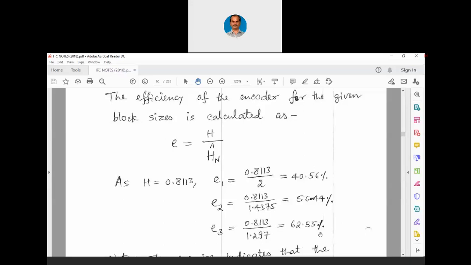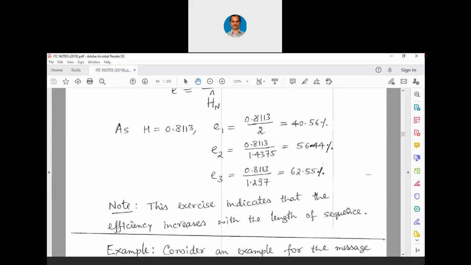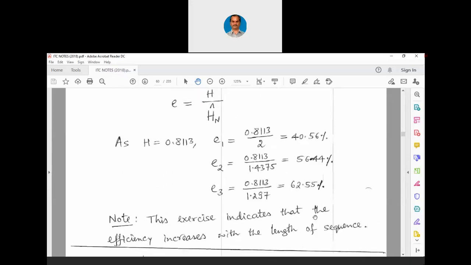Efficiency will be further reduced if all of them go in 10 cars. Whatever is the example I told you in the morning, remember that. That makes sense here. Lastly, this exercise indicates that the efficiency increases with the length of the sequence. Means when the length of the sequence is more, efficiency is more.